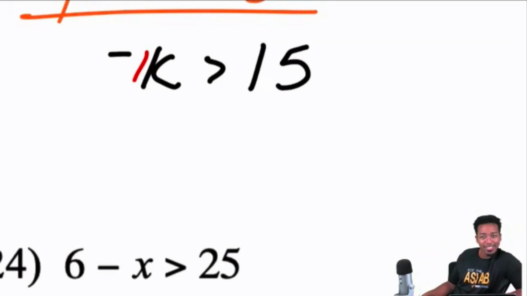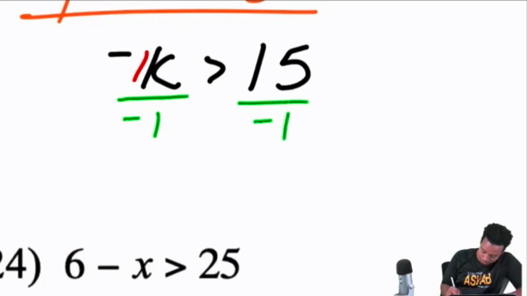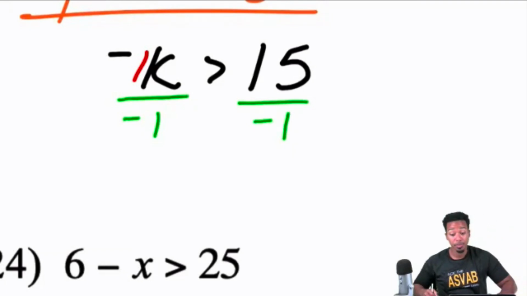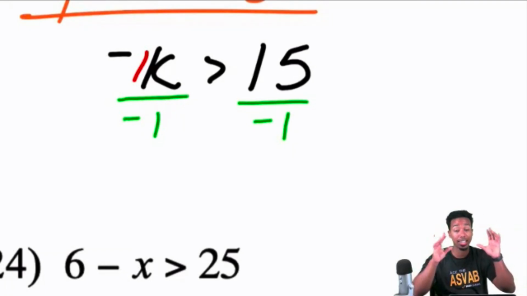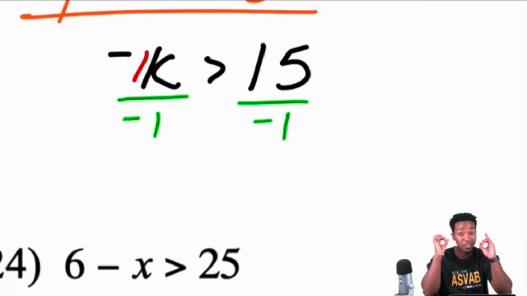To get rid of that negative on the k, we will divide by negative 1 on both sides. Everybody, what do I have to be on full alert for right now? What do I have to make sure I do? Hey, Christine, quick question. You feeling pretty good right now?